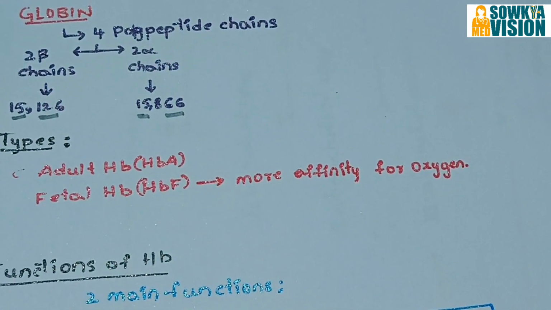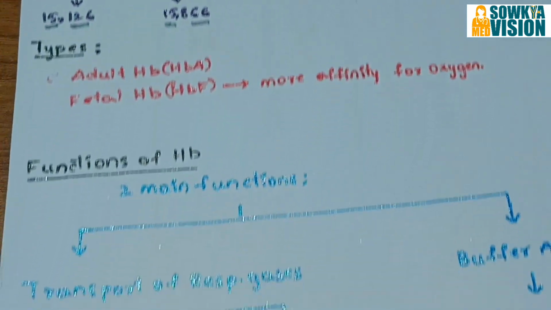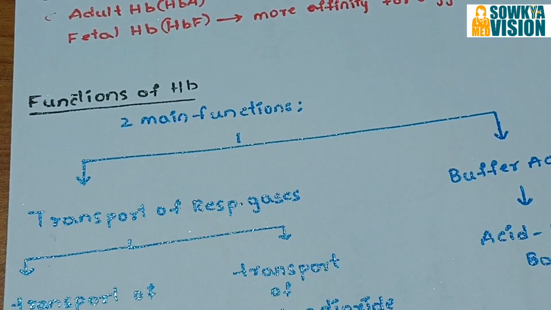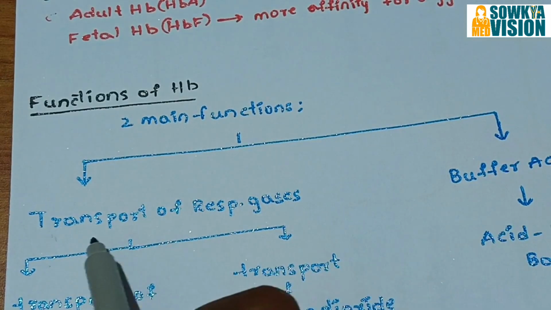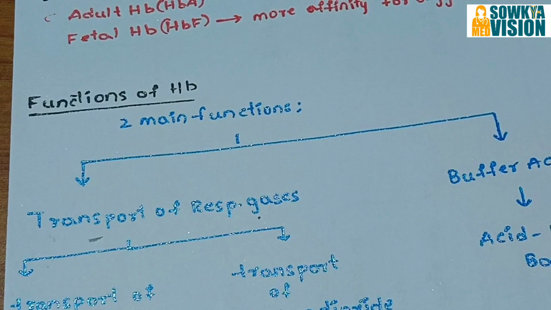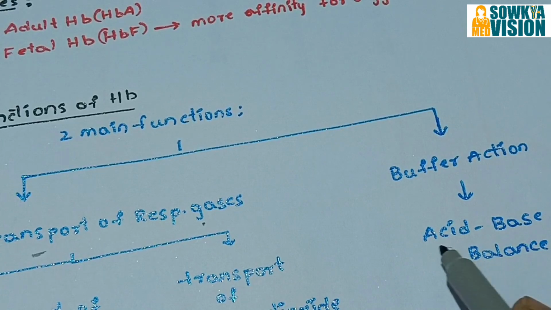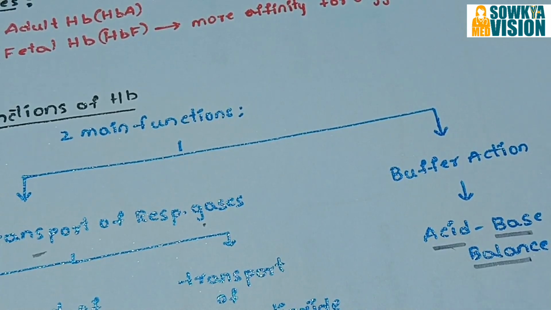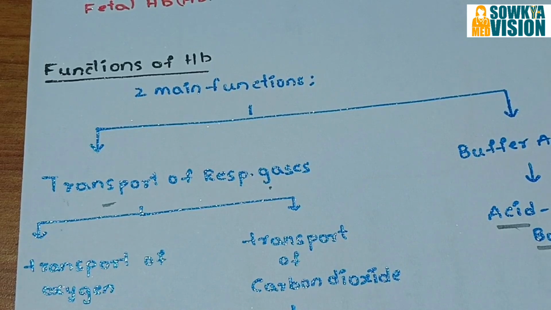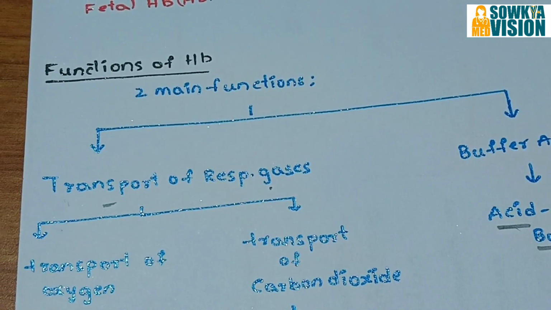So let's see what the functions of the hemoglobin are. There are 2 main functions: the transport of respiratory gases and the buffer action, which means acid-base balance. Now, transport of respiratory gases: how does it transport?